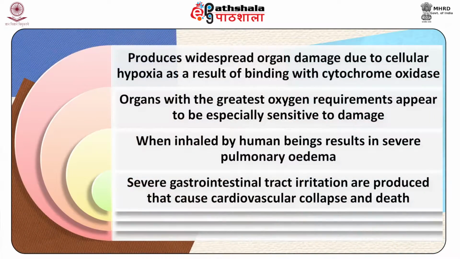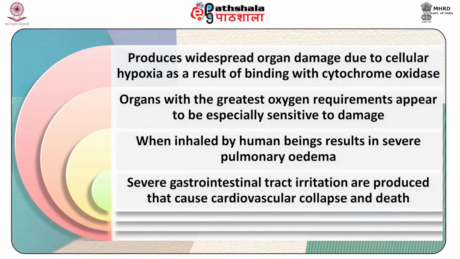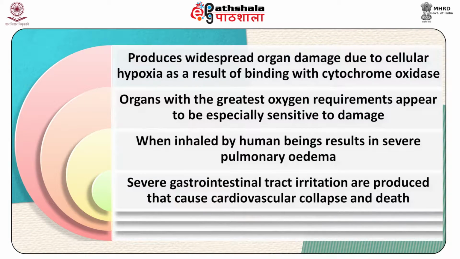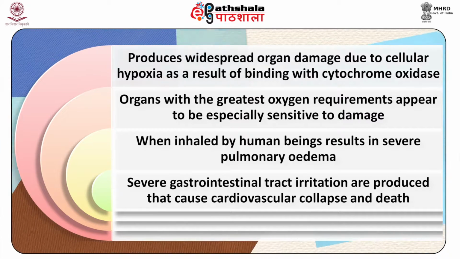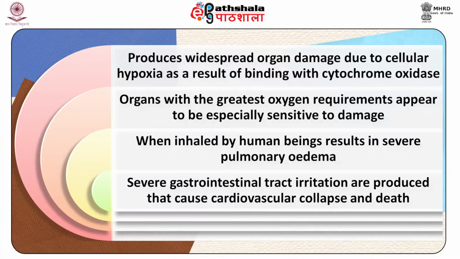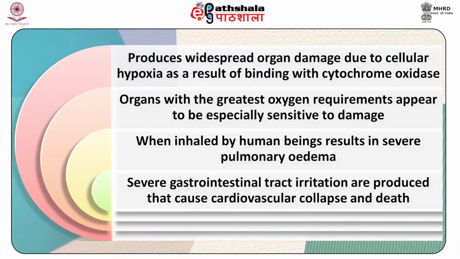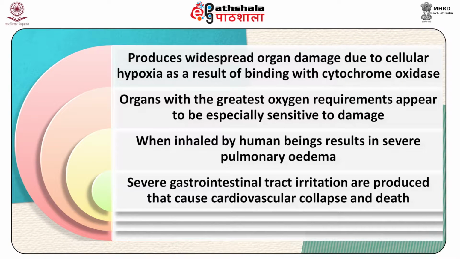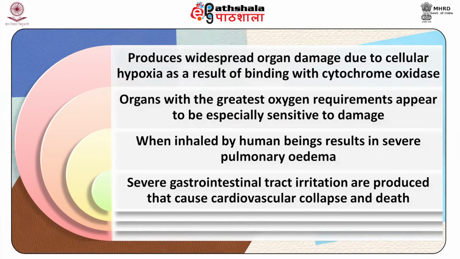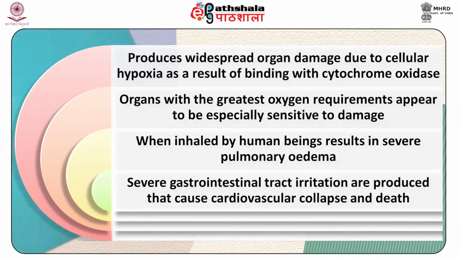Phosphine produces widespread organ damage due to cellular hypoxia as a result of binding with cytochrome oxidase, an important respiratory enzyme. The organs with the greatest oxygen requirements appear to be especially sensitive to damage and include the brain, kidneys, heart, and liver.